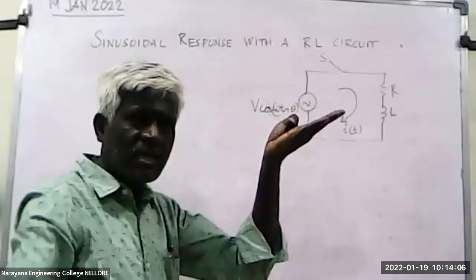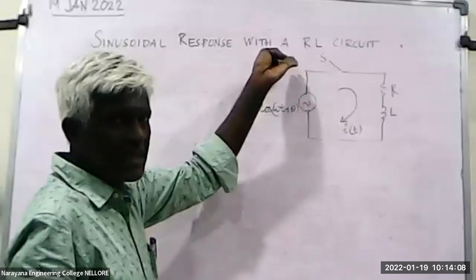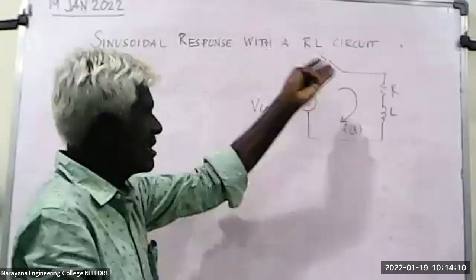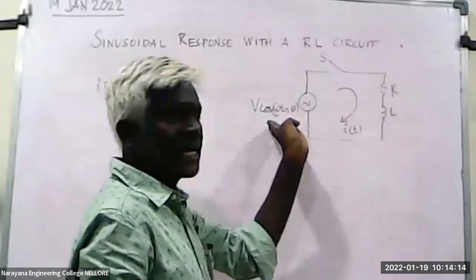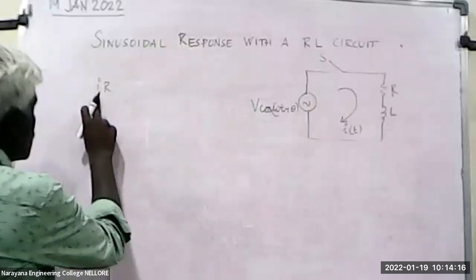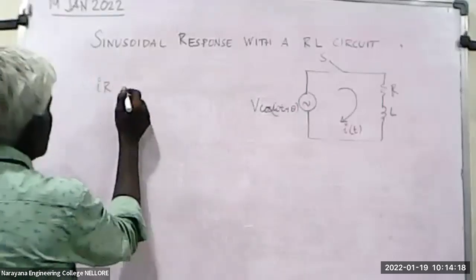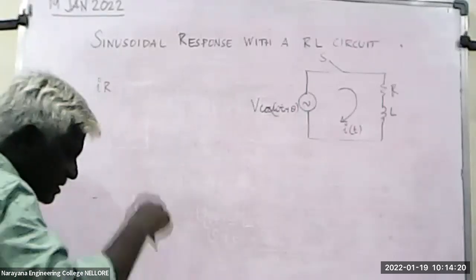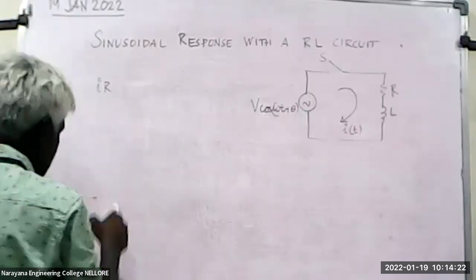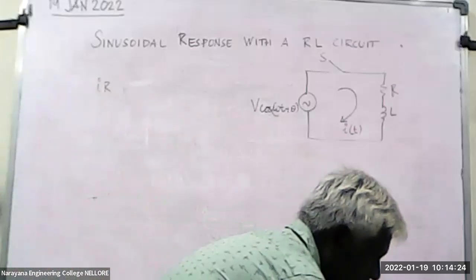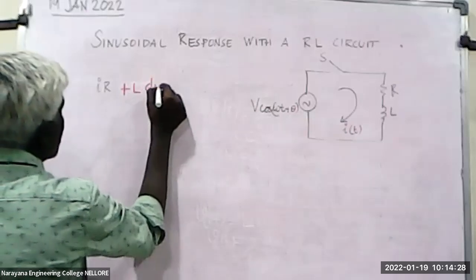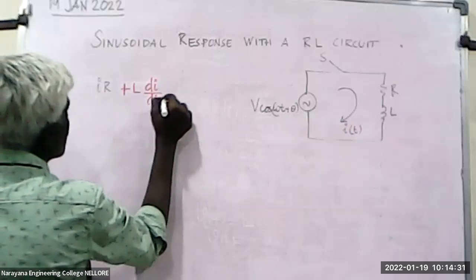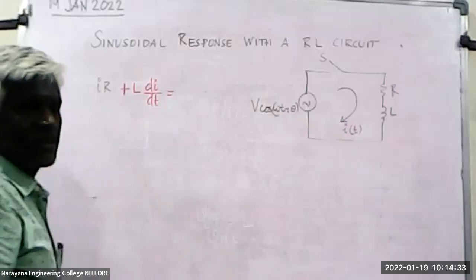You apply voltage, voltage is a rise. They are getting dropped across these things. So the drop across the resistance is iR plus the drop across the inductance, which is L di by dt. So these are the drops.